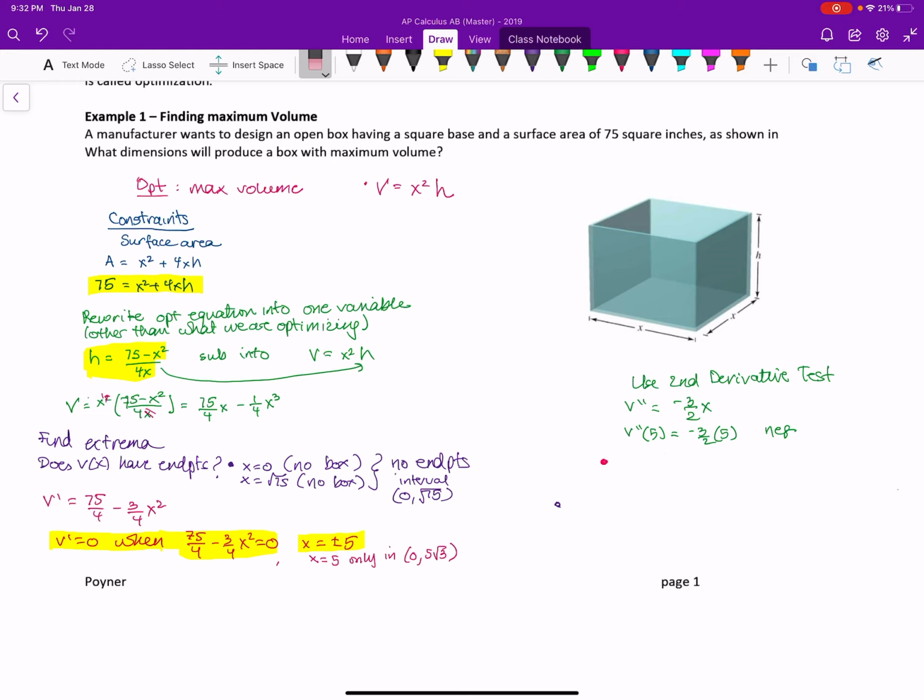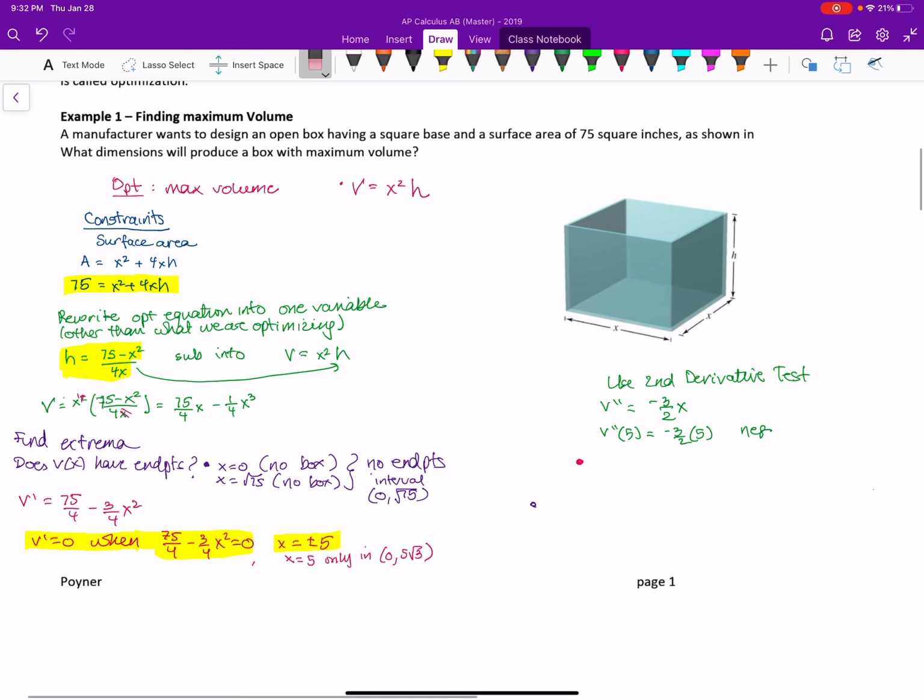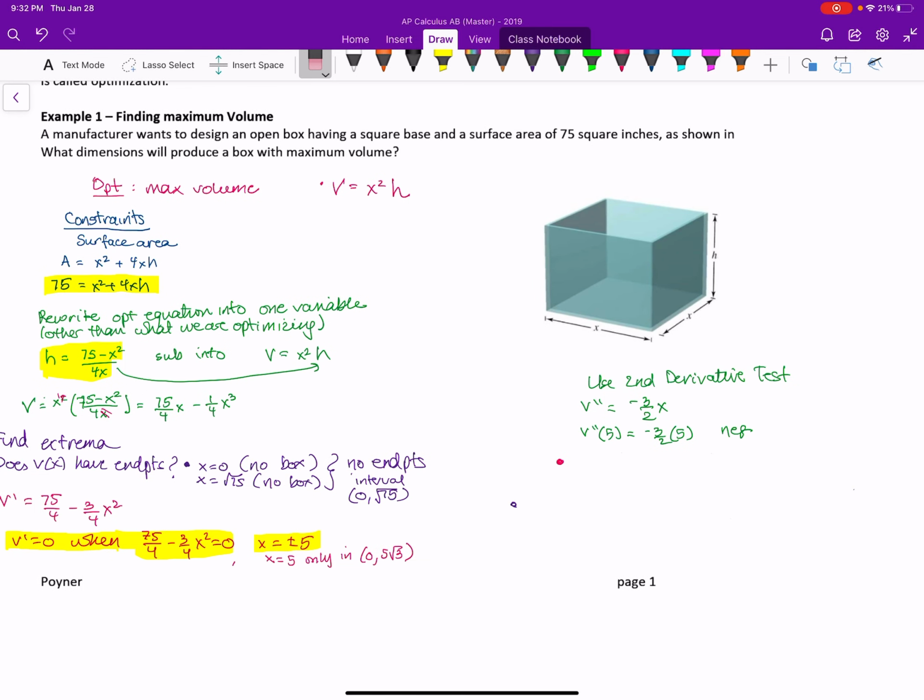Otherwise, I would be testing the endpoints with that critical number in the original function to see which one gave me the highest or the smallest number, depending on what I wanted. But in this case, I know that it's not going to happen at the endpoints, so I'm just ensuring that when I substitute that 5 into the second derivative, if I get a negative, it means the function is concave down there.